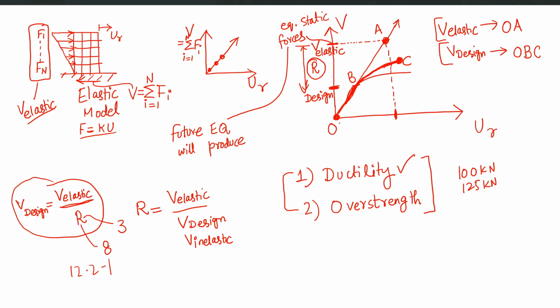But OA is the path which it is going to follow if you design it on V elastic, right? So at point C, this is the last point, the roof displacement corresponding to point C is the displacement produced by the future design earthquake. So imagine that this is the level of future design earthquake and we are not going beyond that, right?